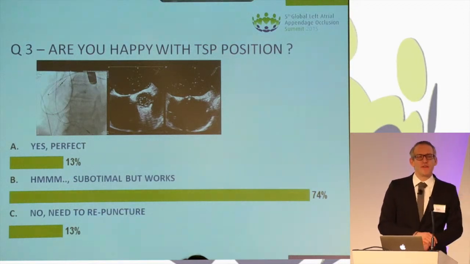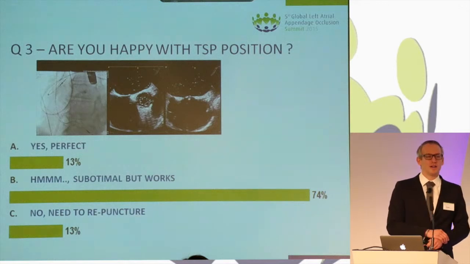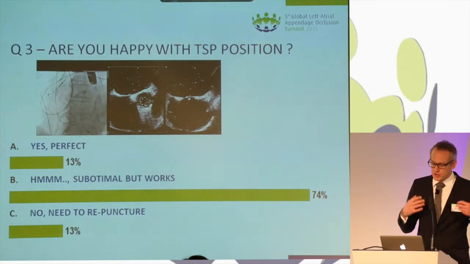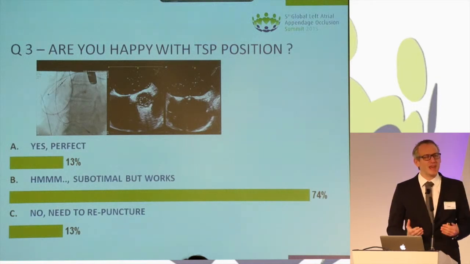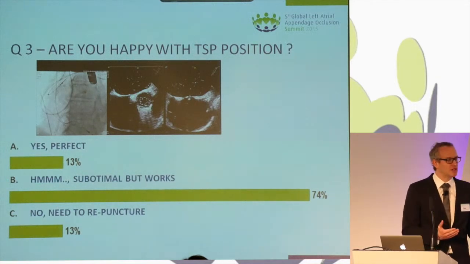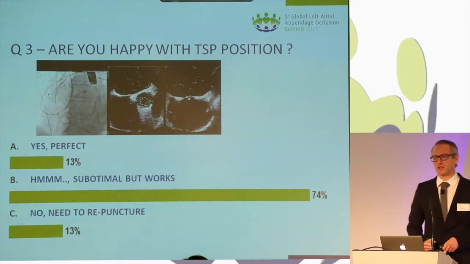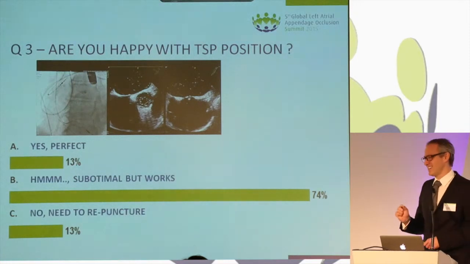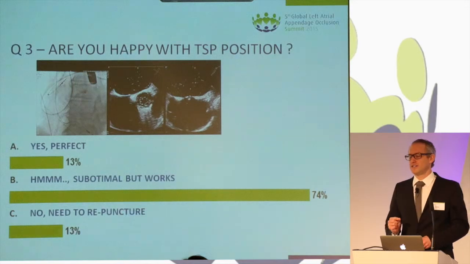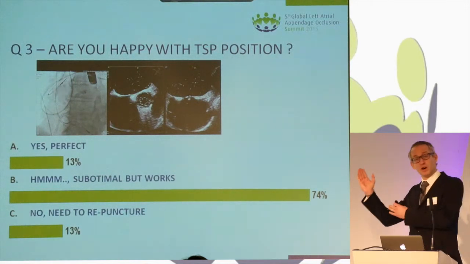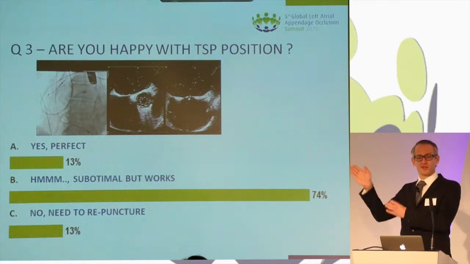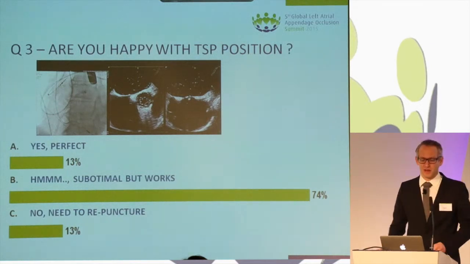Honestly spoken, I think it's worthwhile to try again and to get a better position, because the time that you're investing into a second puncture and the risk that you're taking for a second puncture is definitely less than you take with a suboptimal puncture site, which is too cranial, maybe also too anterior, and if you're trying to cannulate the left atrial appendage.